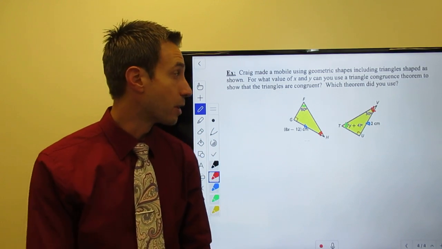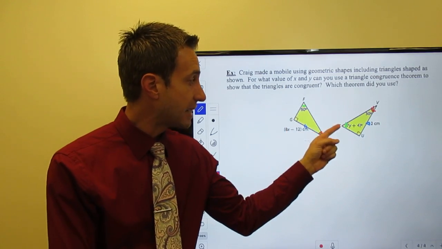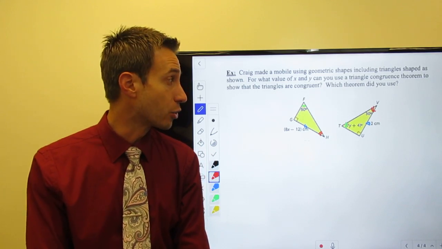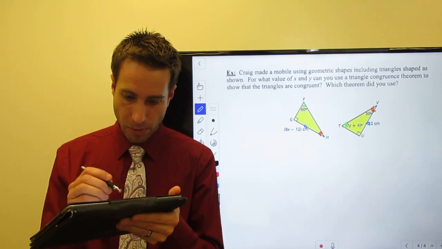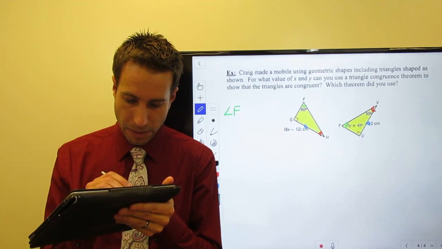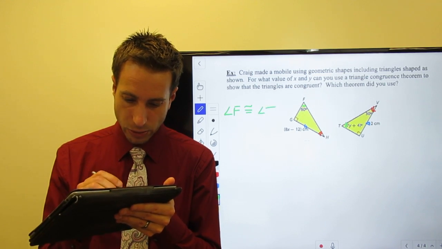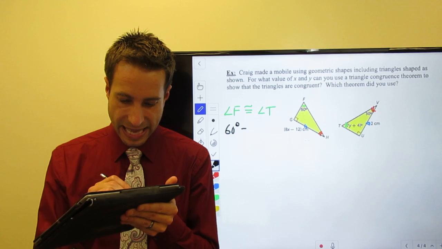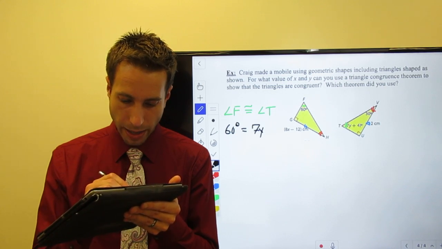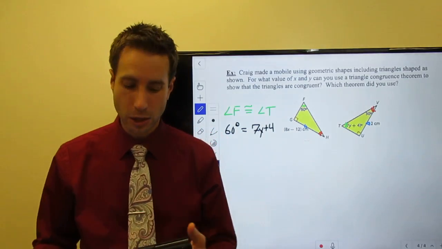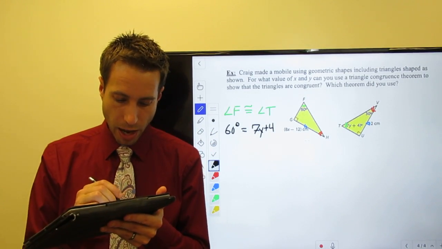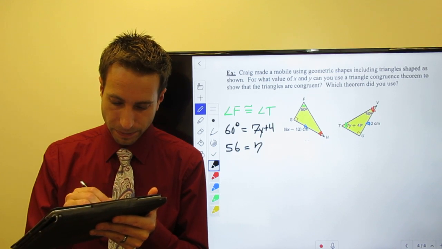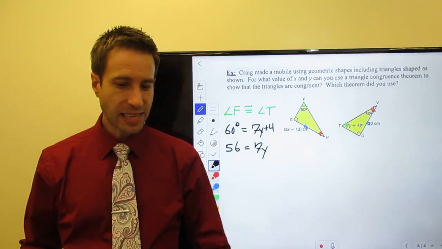Okay, here we go. Let's do a little bit of work. Here's what I know. I need F and T to be congruent angles. They're corresponding angles. So, set up a geometry problem. I need angle F to be congruent to angle T. I know that F is equal to 60. I need that to be equal to 7y plus 4. Well, solve the problem. Let's subtract the 4 to the other side, which is going to give me 56 is equal to 7y.